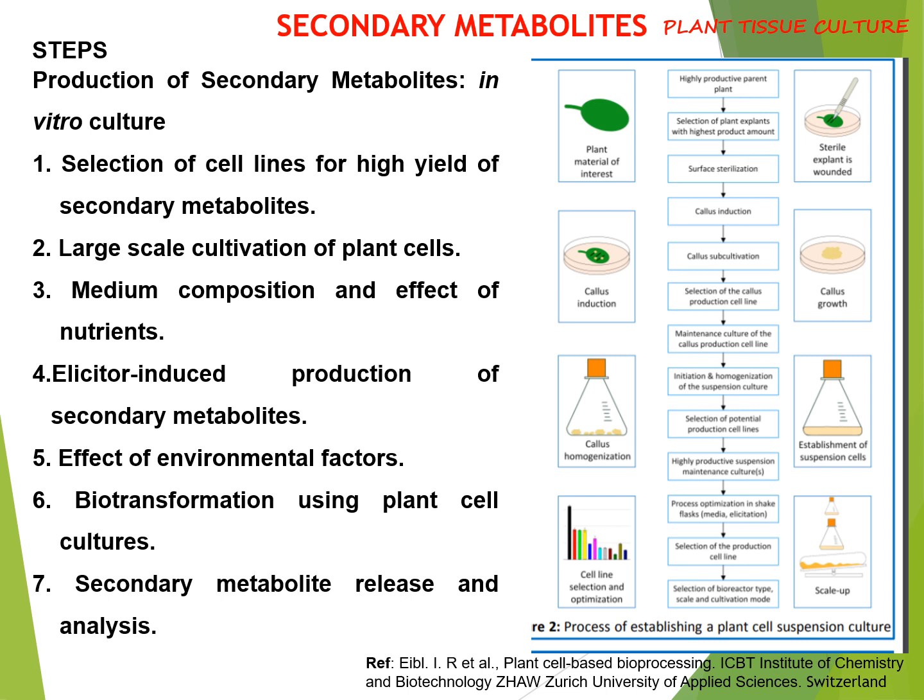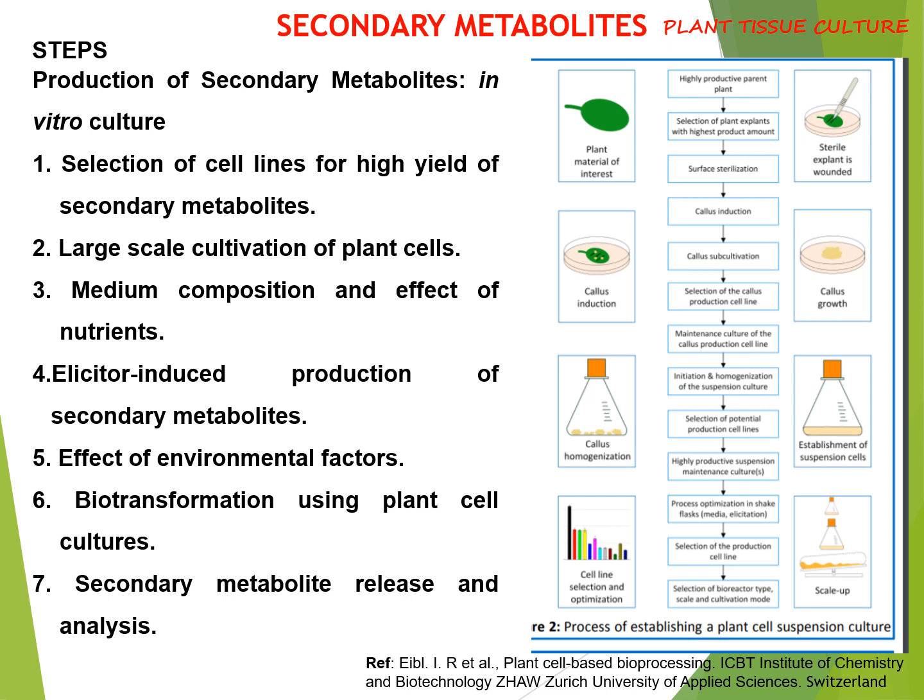This is then followed by initiation of suspension culture to screen the high-yielding cell lines. Here, the nutrient composition is altered by adding elicitors, plant growth hormones, changing physical parameters, etc., in order to generate exogenous stress for the plant cells, resulting in higher yield of secondary metabolite.